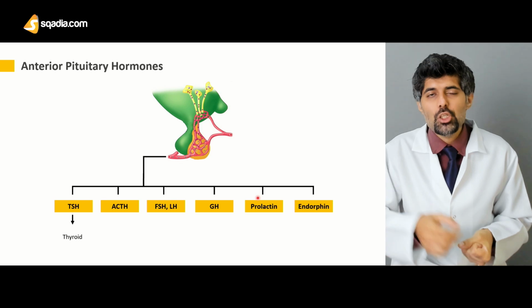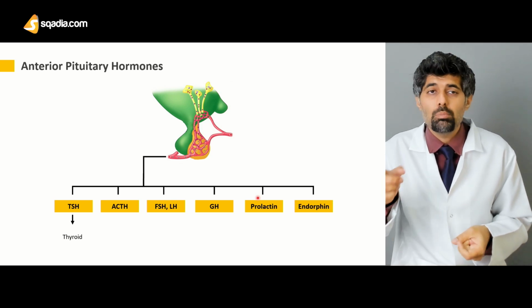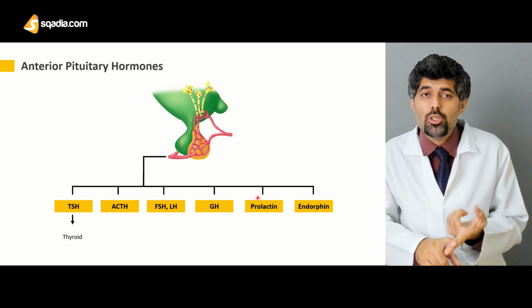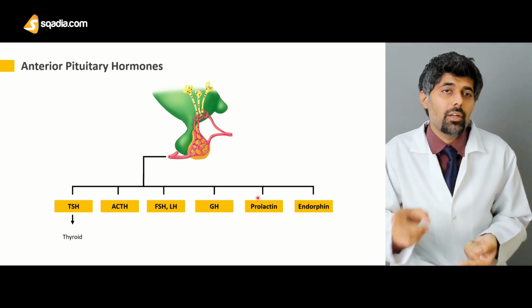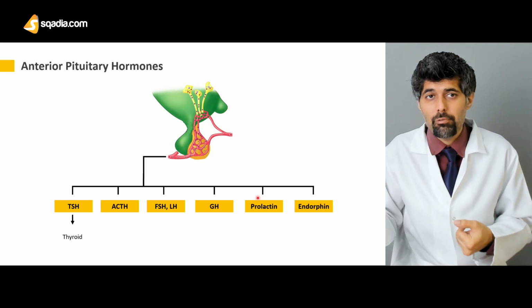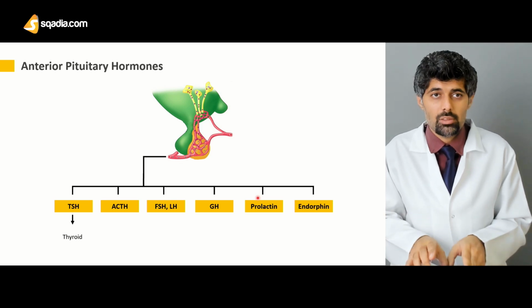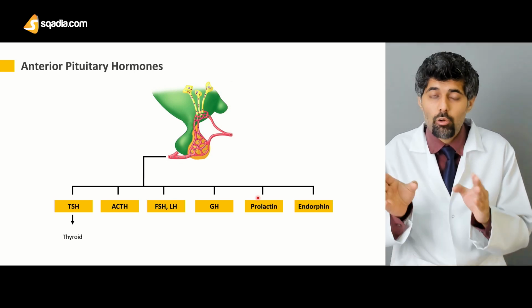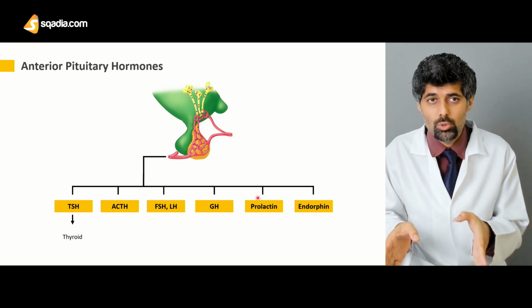Now, TSH in the thyroid affects the rate of the formation of thyroxine and triiodothyronine, that is, T3 and T4. It controls the formation of both of these hormones.